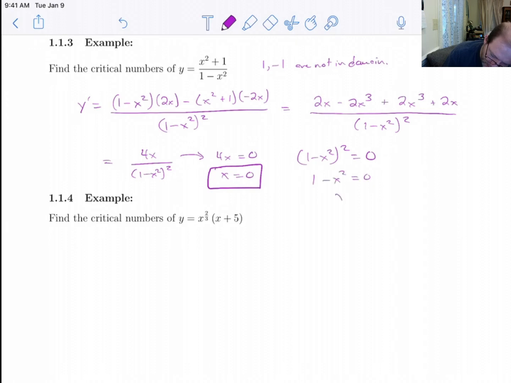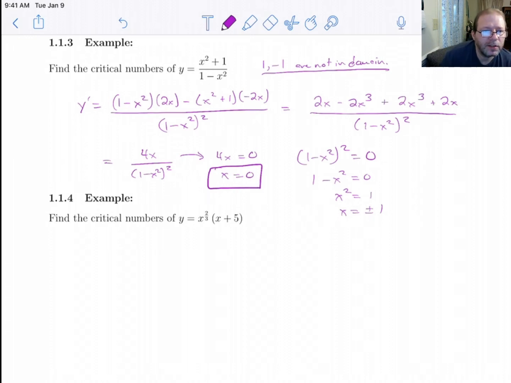You get this. X squared is 1, so x is plus or minus 1. Technically, those are not critical numbers because 1 and negative 1 were not in the domain to begin with. So the only critical number we get here is 0.